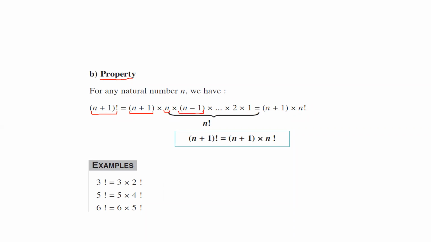I can write it as n plus 1 times the rest, and from here to here, that is n factorial. So n plus 1 factorial is n plus 1 times n factorial. Like 3 factorial is 3 times 2 factorial, 5 factorial is 5 times 4 factorial, 6 factorial is 6 times 5 factorial.